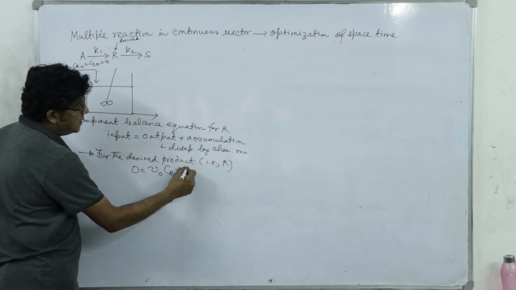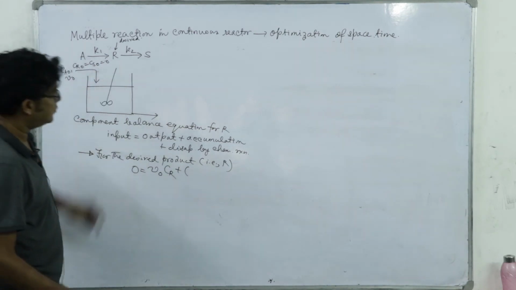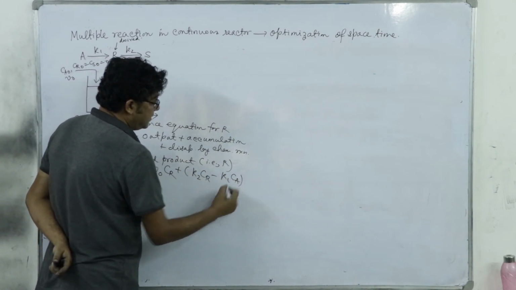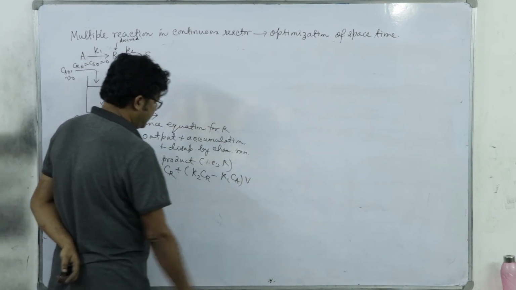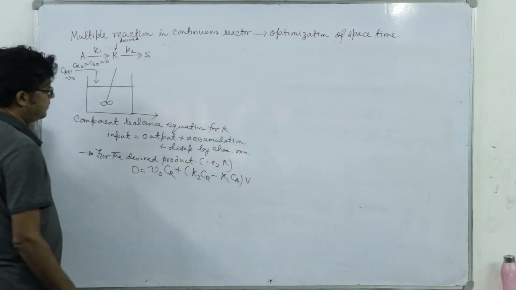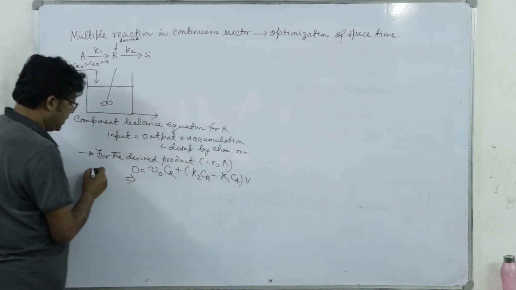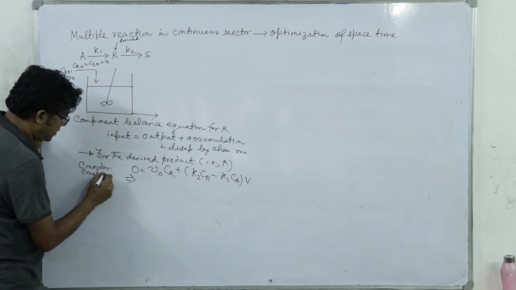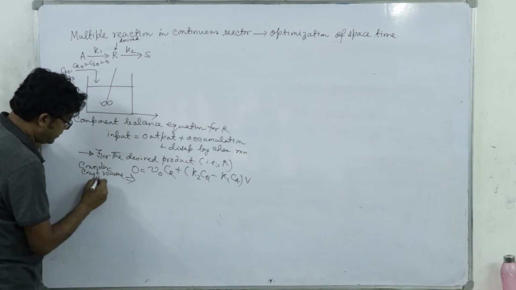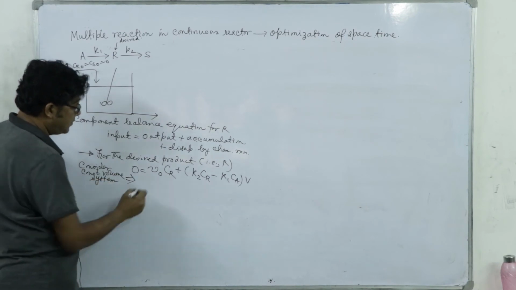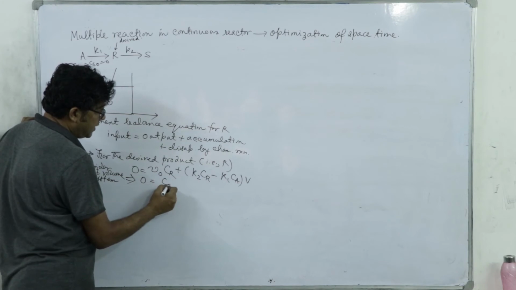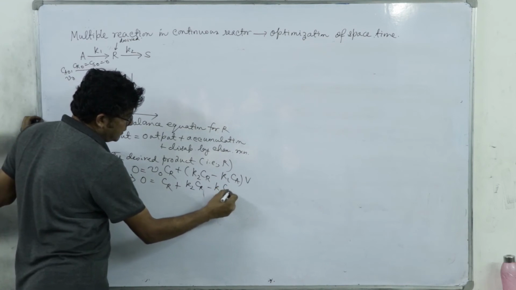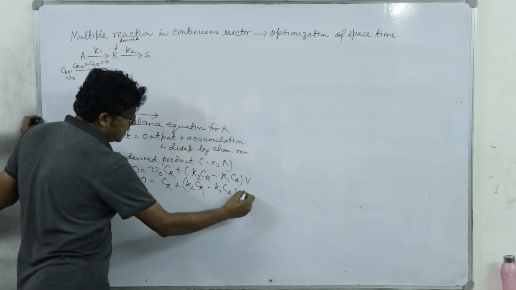Now disappearance by chemical reaction: it will be K2 CR minus K1 CA, that is the net disappearance rate, specific rate multiplied by the volume. If I divide, considering a constant volume system, 0 equal to CR plus (K2 CR minus K1 CA) tau.